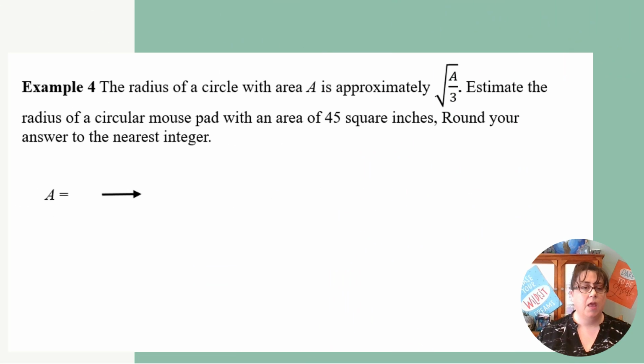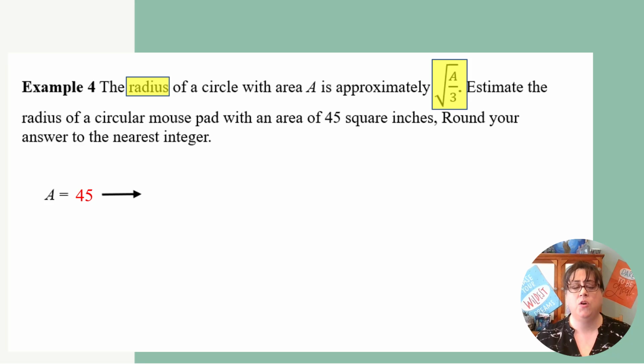Example number 4. The radius of a circle with an area A is approximately the square root of A divided by 3. Estimate the radius of a circular mouse pad with an area of 45 square inches, and then round your answer to the nearest integer. So we start off with knowing that the area is 45 because they gave it to us, so we're going to write it down.